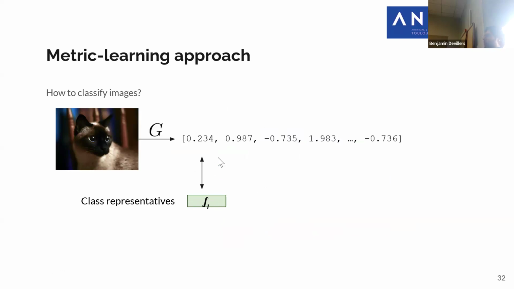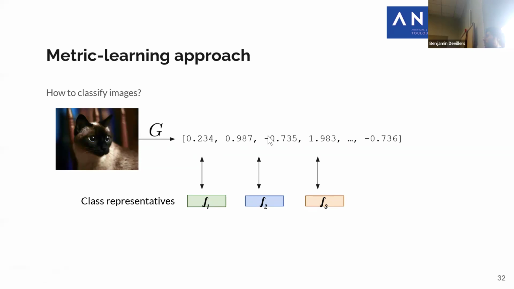So whenever I want to classify a new cat, I say this is my new cat I want to classify. I get from my ResNet my representation of the cat, and then I can compare this feature with my class representatives. So I compare it with my cat representative, I get one distance. I compare it with my dog representative, I get another distance, and I compare it with my car representative, and I get another distance.